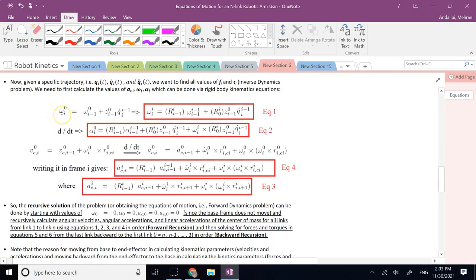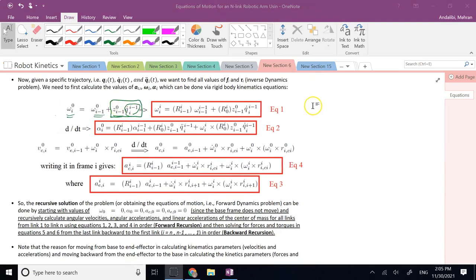So here we say that omega of link i in base is equal to omega of the previous link in base plus the RPM of link i multiplied by the unit vector of that direction. So this whole thing is the relative angular velocity between frame i and i minus 1.